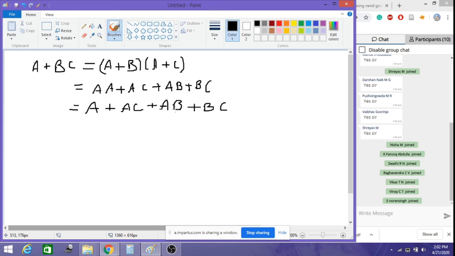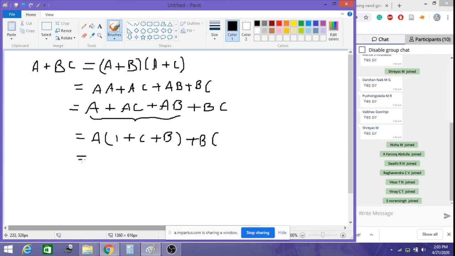Now just think about it, what is the next that we can do from this? Now if you see in the first three terms, A is common, so take A as a common term here. So A of 1 plus C plus B. Now from the previous theorem we know that 1 plus anything is equal to 1. So this is from the identity, this is from the null law, and this we have plus BC.